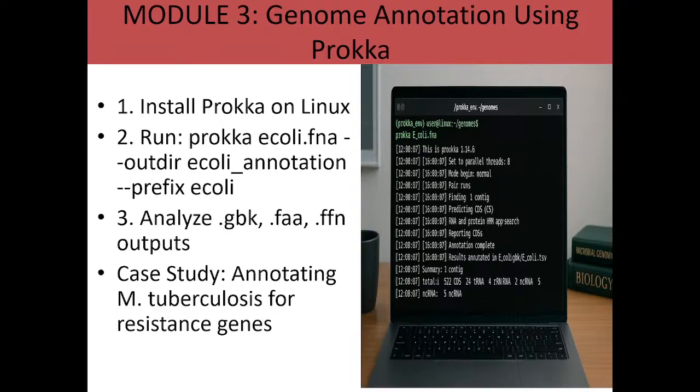We already have a complete genome of an organism. And when you have a complete genome of an organism, you can do the interpretation. You want to predict whether that organism has some resistance potentials. And that is what Prokka is going to help you to do.